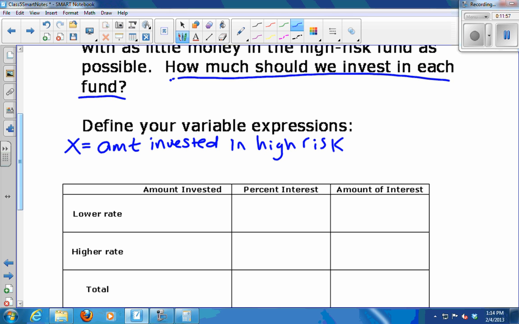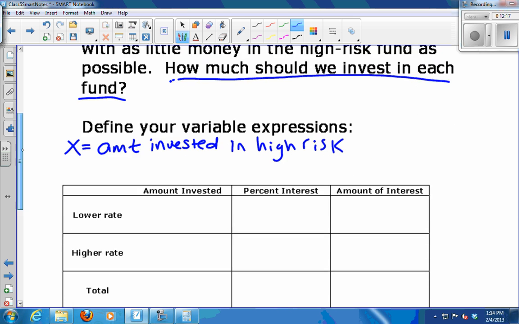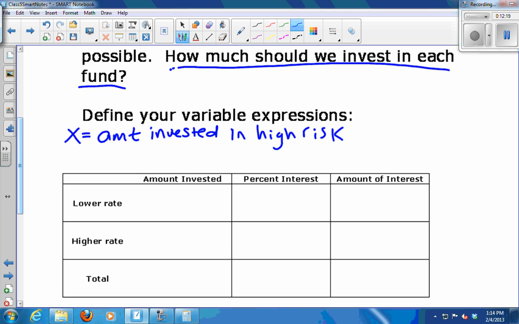So if we're going to invest X dollars in the high risk fund, how many dollars are we going to invest in the low risk fund? Y, or 10,000 minus X, because it's a total of $10,000. So let's call it Y, because then this will give us some experience using two variables. Y will be the amount invested in the low risk fund.